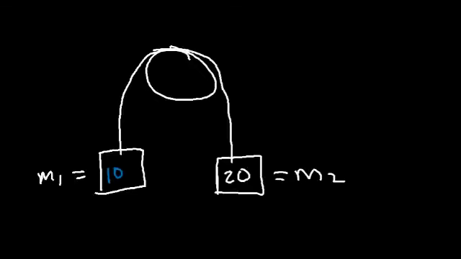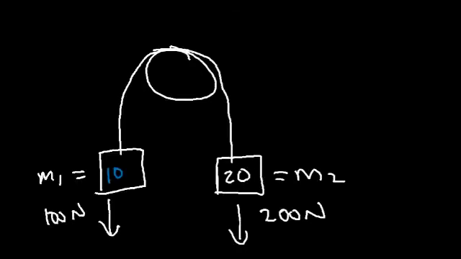Feel free to pause this problem and see if you can answer the question. So we know the system is going to move in this direction. And there's two forces acting on this system. We have the weight force of M2, so that's M2G, that's about 200 newtons, that pulls in that direction, and also the weight force for M1 because it's under the influence of gravity, and that's about 100 newtons.